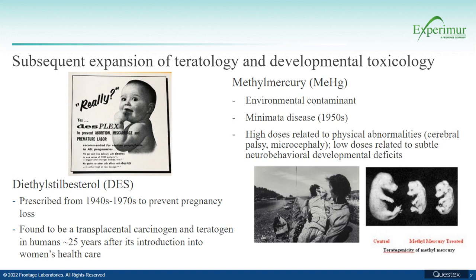It's called glove and stocking syndrome. They had ataxia, constriction of the visual field, auditory disturbances, and tremors. And then children of affected individuals were born and had low birth weight, microcephaly, cerebral palsy, or cerebral palsy-like symptoms.